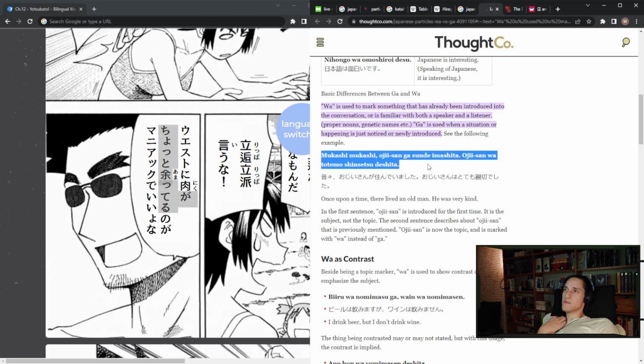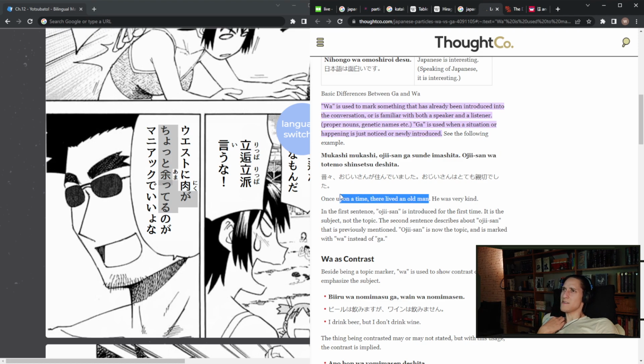Okay, let's read the transcripts. This would take too long, and I don't know the kanji without furigana. Mukashi mukashi oji-san ga sunde imashita. So mukashi mukashi is a name. Oji-san, uncle or older man. Ga sunde imashita, lived here. Once upon a time, there lived an old man. Ah, nice, nice. Mukashi mukashi.